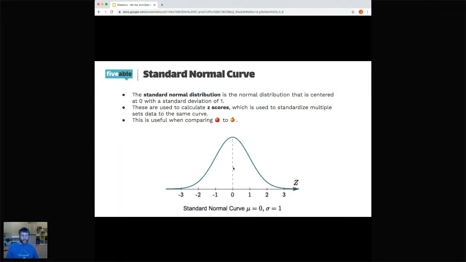Okay. So if I am at 1, that means that I have a z-score of 1. Which we'll calculate in just a second. So the z-score is at 1. That means that you are 1 standard deviation above the mean. That's what your z-score represents: how many standard deviations you are above or below the mean.